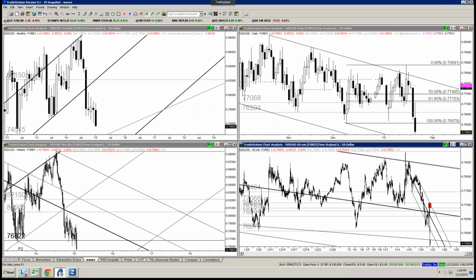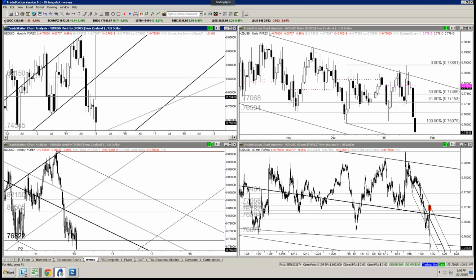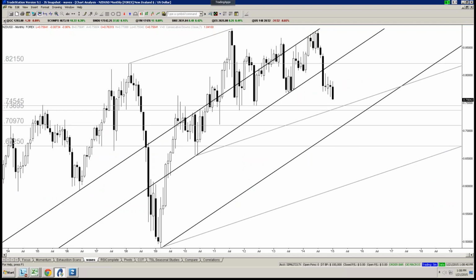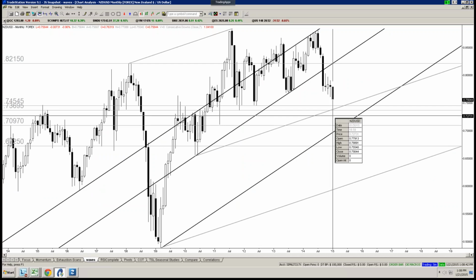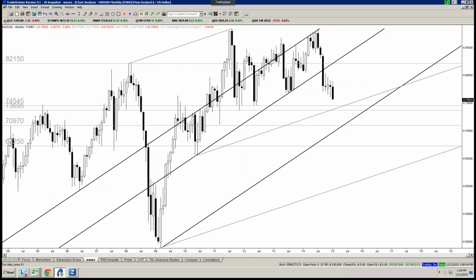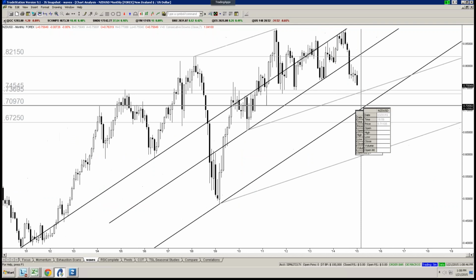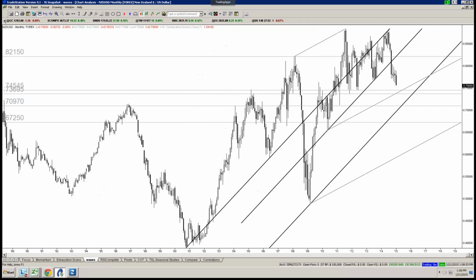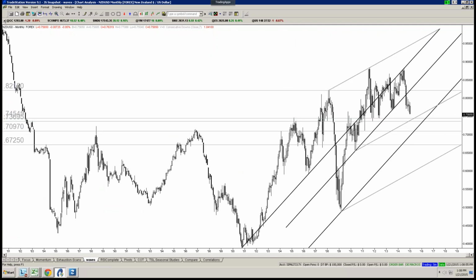So if we take a look at some bigger picture charts, where can we go from here? The first big level, I think, is probably the 73.70 area. Now, this is a monthly chart, but it does convey just how big the next levels are that we're going to get into. If you look way back, you can see highs back in 2005, up near 74.60.